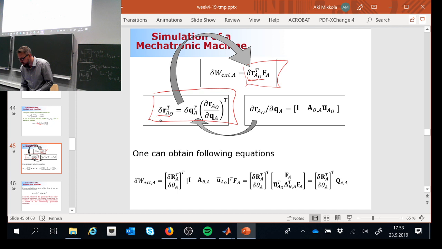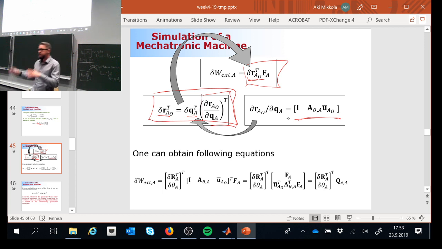So delta R and delta Q will be related. So two different coordinate systems will be coming together. They will have a connection, and that connection is mathematically expressed by this mapping matrix that is converting things from global coordinate system to be expressed by using generalized coordinates. Now, how is the details of this mapping matrix? That can be written as it is shown here.